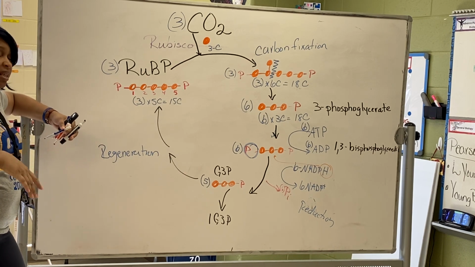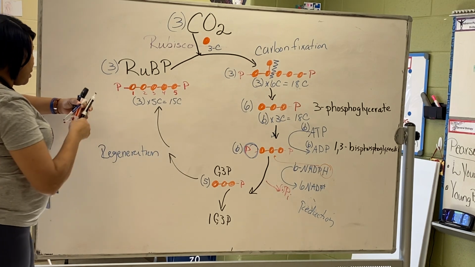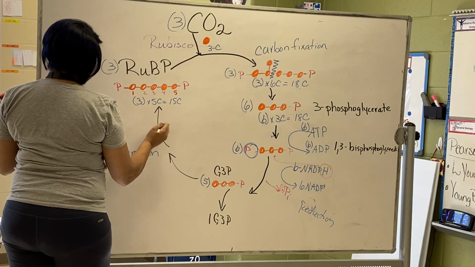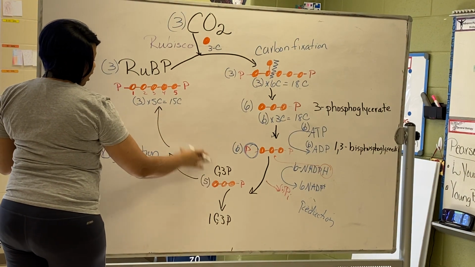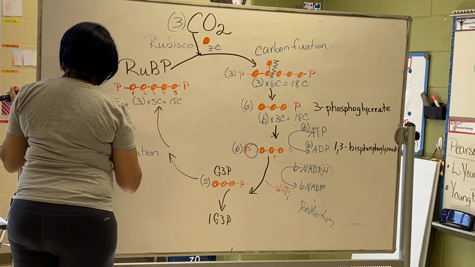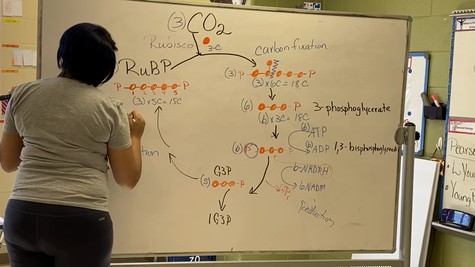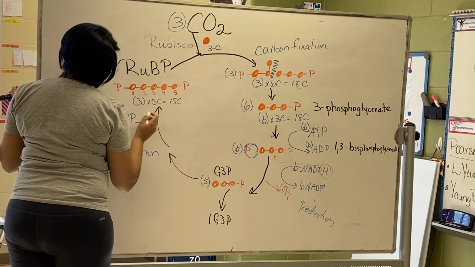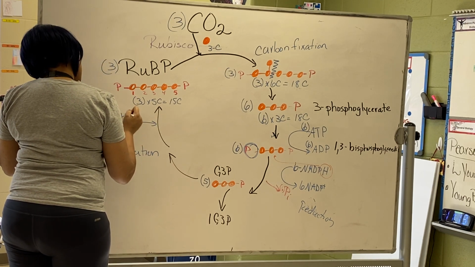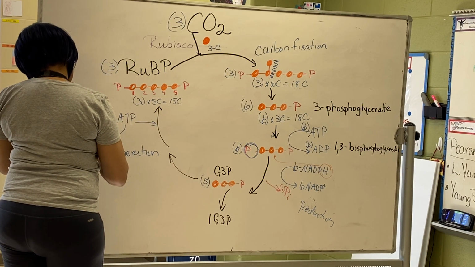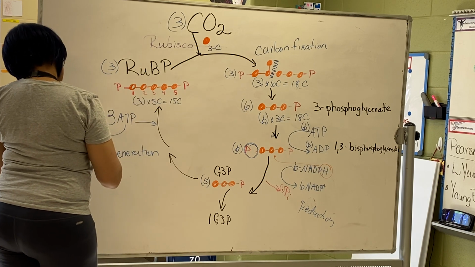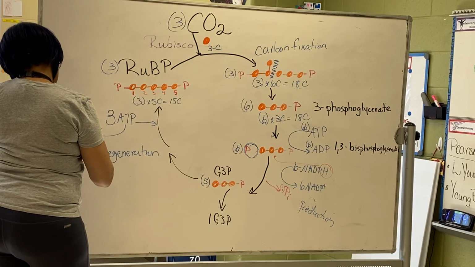I need more phosphates, so I need to use more ATP. So in order to accomplish this goal, I have to put in 3 ATP molecules. And those 3 ATP molecules are used to regenerate RuBP.